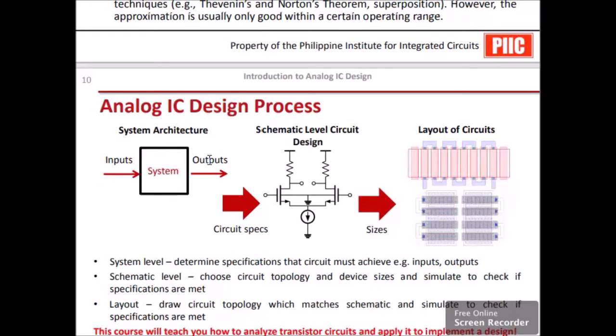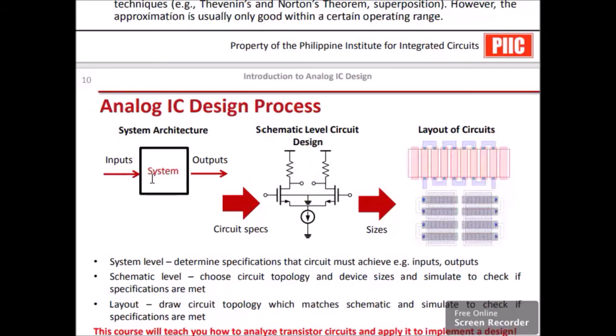Okay? And then, pagkatapos nun, we are now on the schematic level circuit design. Sa schematic level po, you choose the circuit topology and the device size to simulate to check if specifications are met. Again, you're choosing your circuit topology. So, kasi dito sa system level, plano mo lang ano ba yung input, ano ba yung output. Hindi mo pa concern dito kung ano ba yung magiging circuit mo, circuit topology.